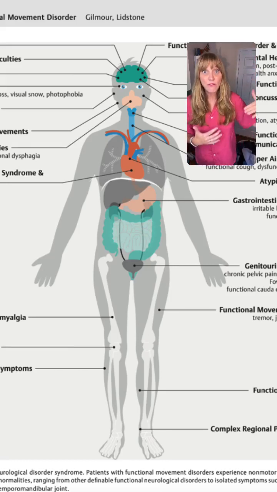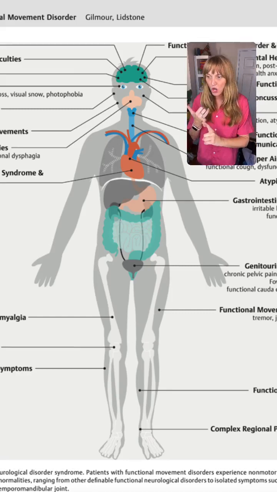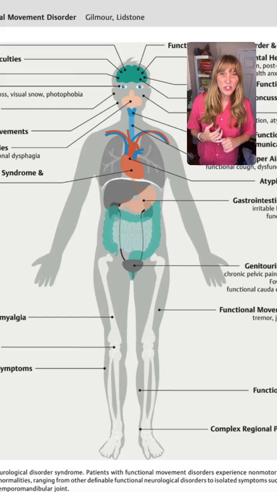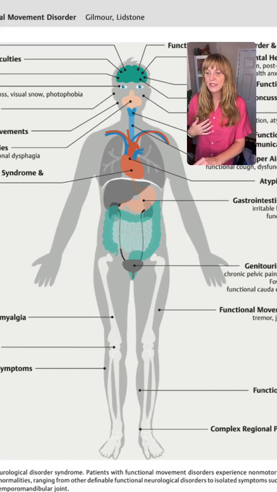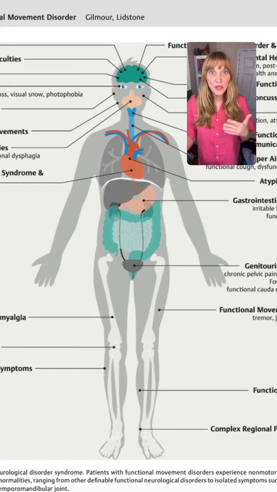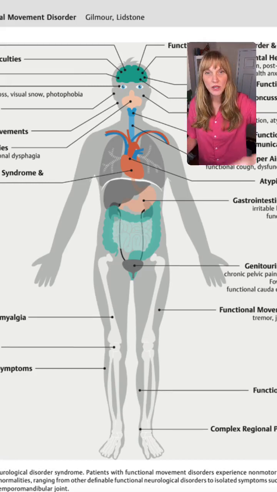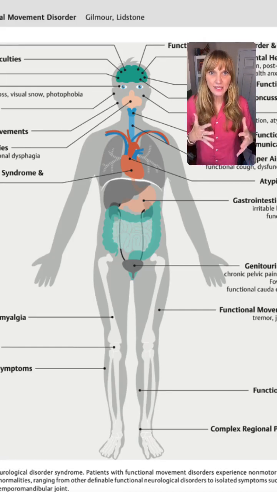Some of them are other functional symptoms. So along a functional movement disorder, there might be functional cognitive symptoms, might be functional seizures, there might be functional swallowing symptoms, there might be functional facial movements, all of those pieces. But things that we often see, and you can kind of see these down at the bottom of the picture, coexisting.